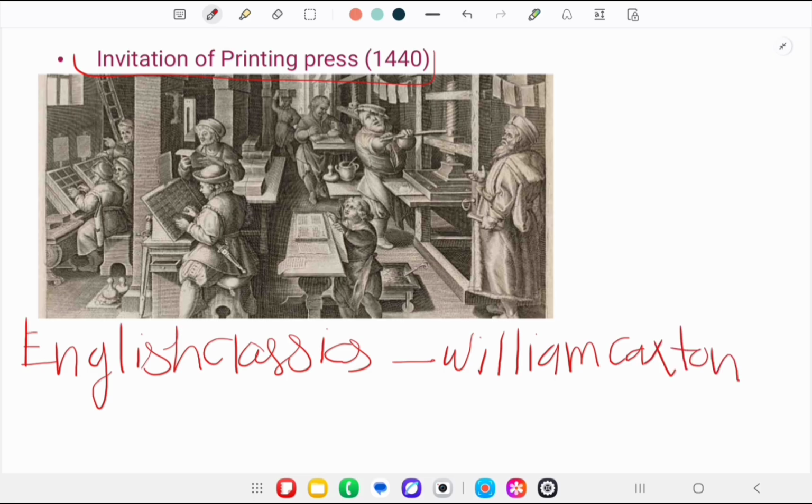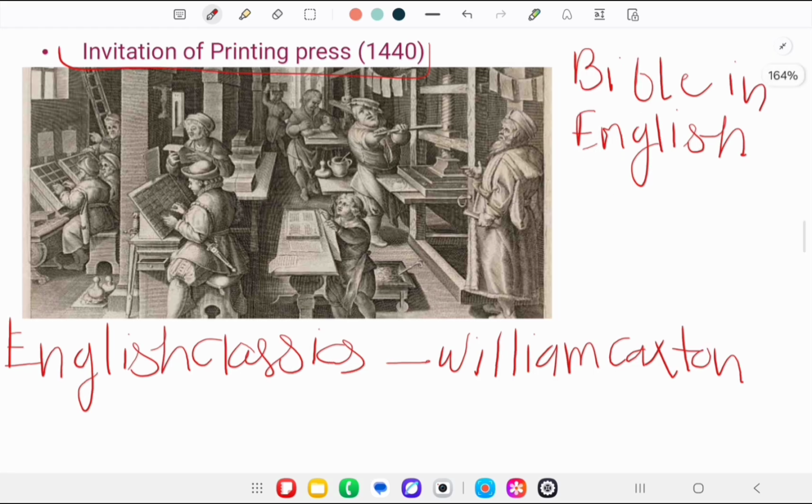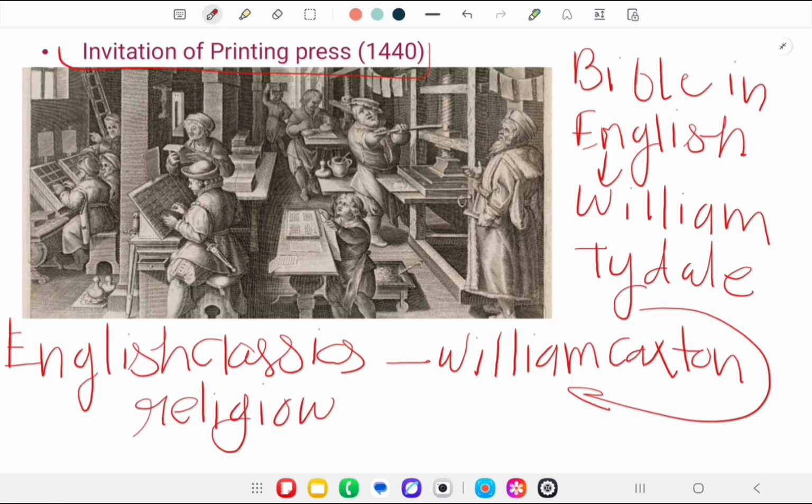And one of the most significant publications of the age was the printing of the Bible in English, notably by William Tyndale. And it's a religious transformation.